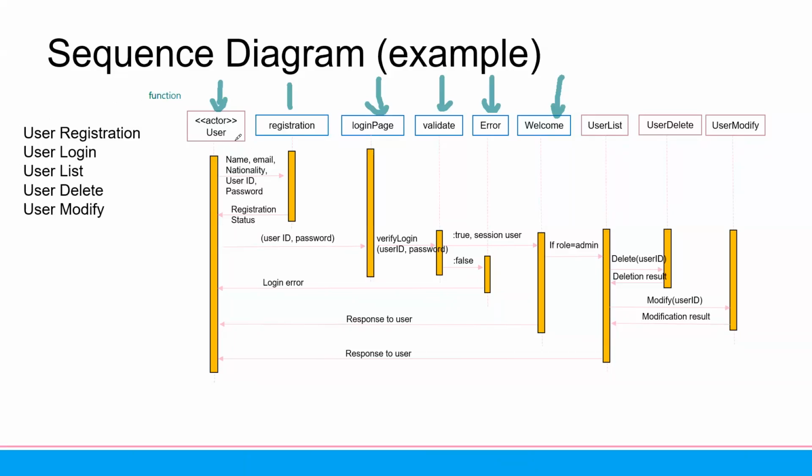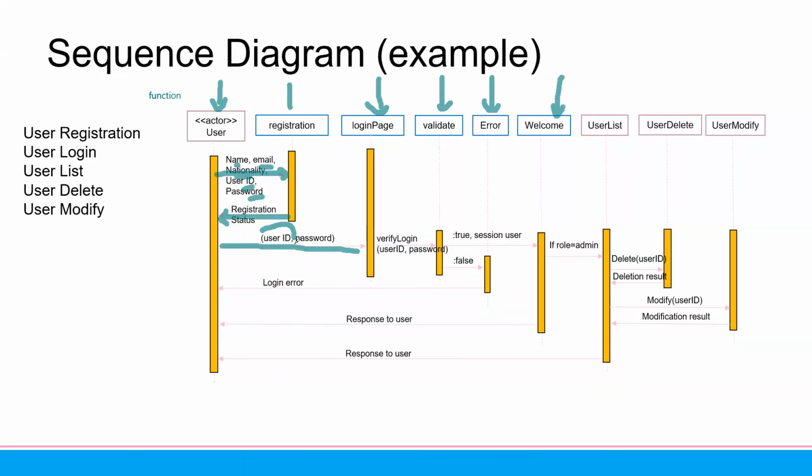This means that when the user registers, they input name, email, nationality, user ID, and password. Then if everything goes well, the registration page will give the registration status. If everything is going well, then the user can log in.